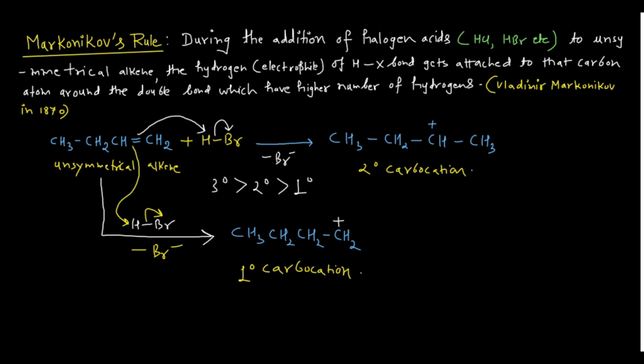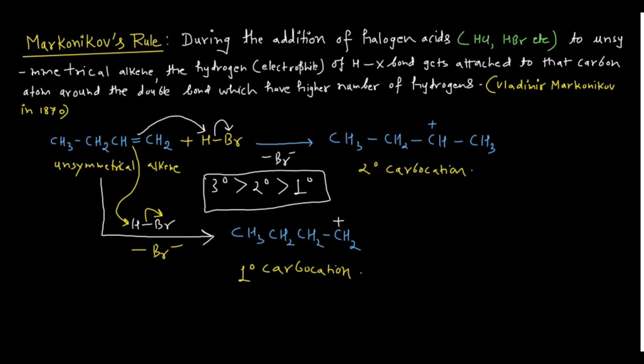So I am taking only this particular case. I am not including allyl carbocation or tropylium, because we are not forming those types of species here. I am only discussing the stability of the secondary, primary and tertiary carbocations. So this is the most stable, followed by secondary, and primary is the least stable.